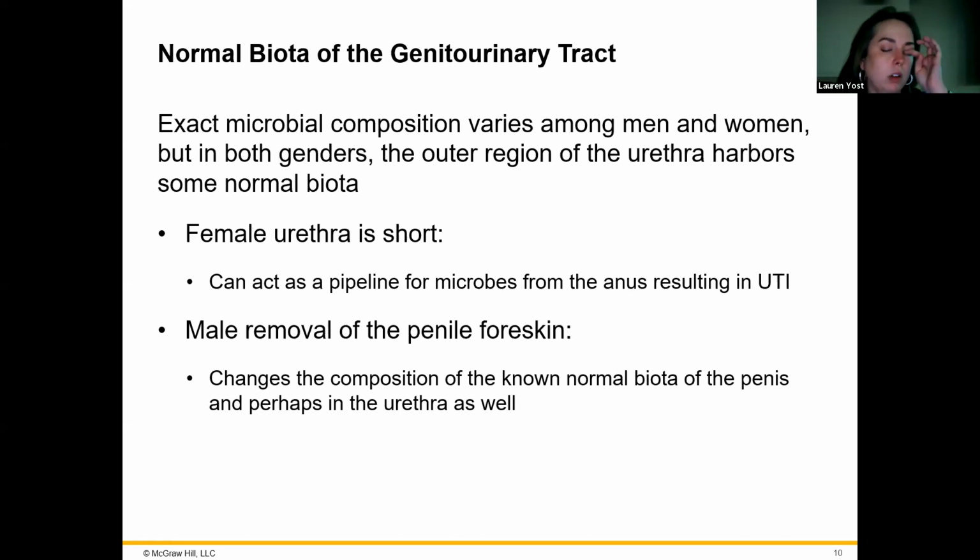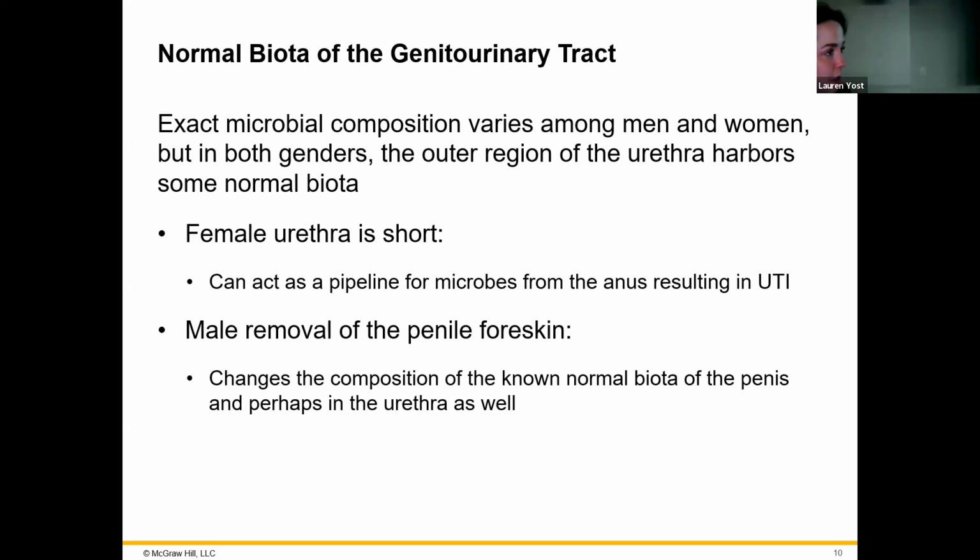Then we have male presentation of foreskin or lack of foreskin due to circumcision. Now, it turns out that the biomes for the male genitalia differ based on whether or not you are circumcised. The bacteria associated with the moistness of having foreskin and the folded skin tend to be a little bit more inflammatory in those areas.